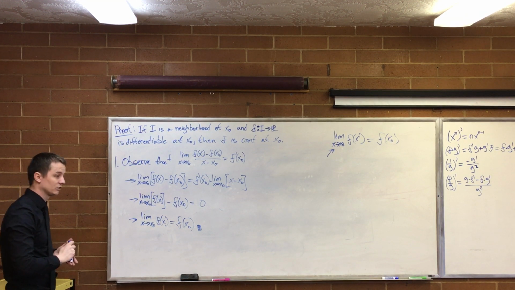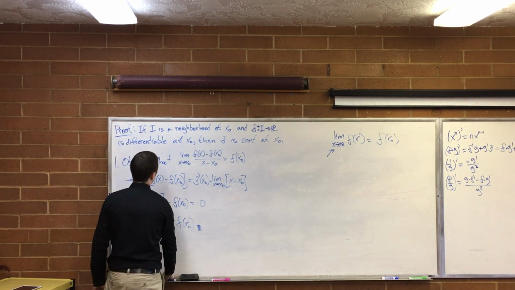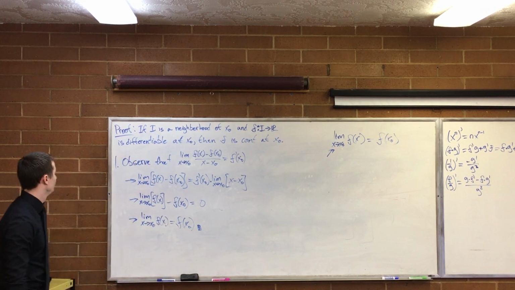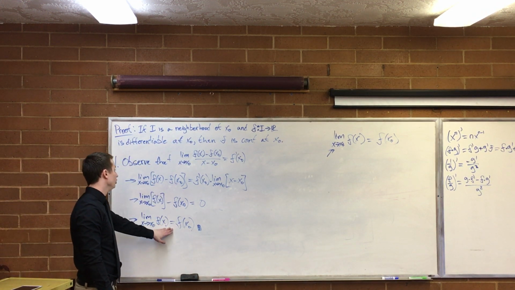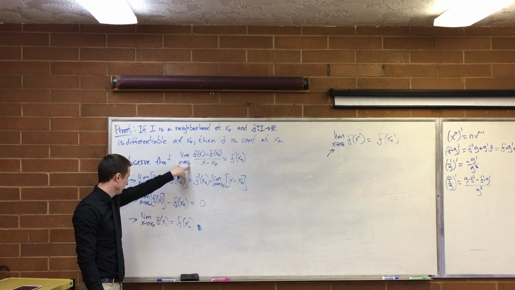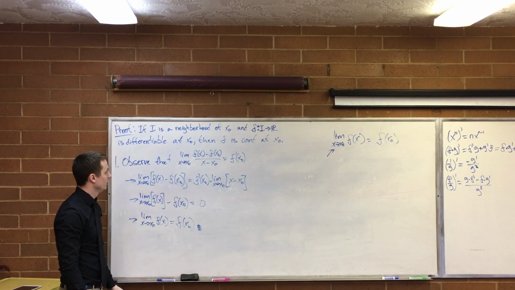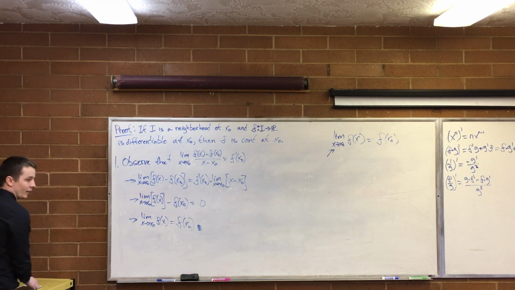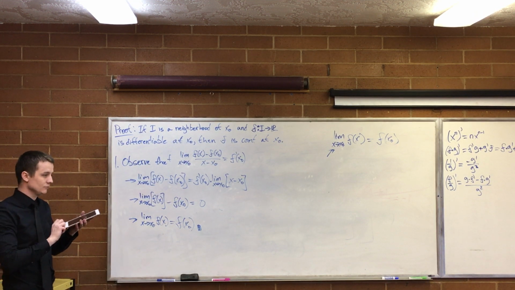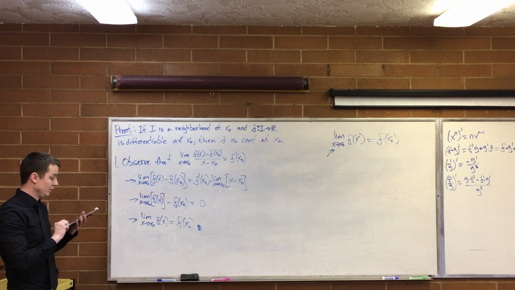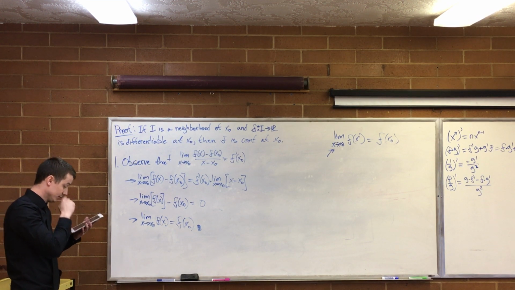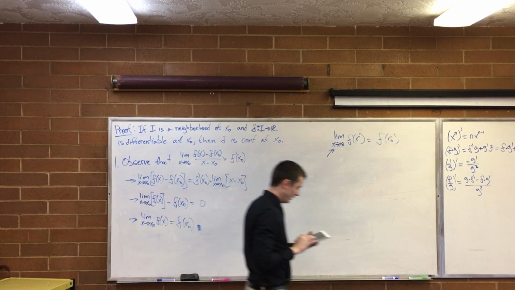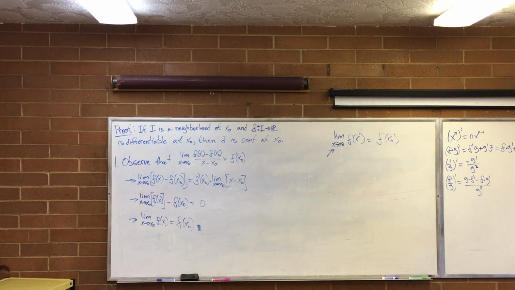It's the most convenient definition of continuous to use in this context because we're taking the same limit there that we're taking there. Otherwise, we'd have to convert to sequences somehow. Anyways, so that's our proof that if it's differentiable, it's continuous.